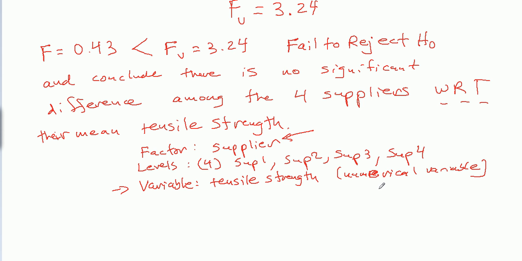All right? Now, if I conclude that there's no significant difference between the mean tensile strengths of the 4 suppliers, in other words, mu1 equals mu2 equals mu3 equals mu4, then do you think there's any reason for me to continue this investigation to do perhaps a Tukey-Kramer multiple comparison procedure?